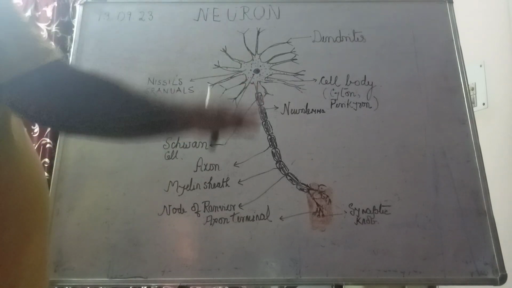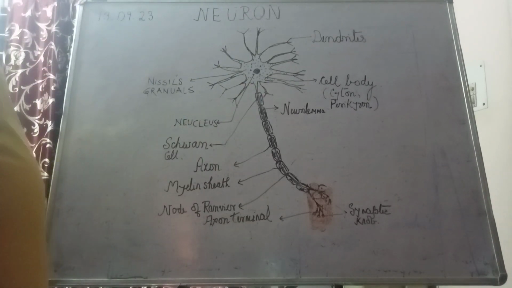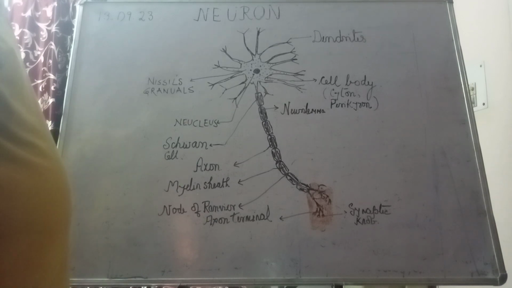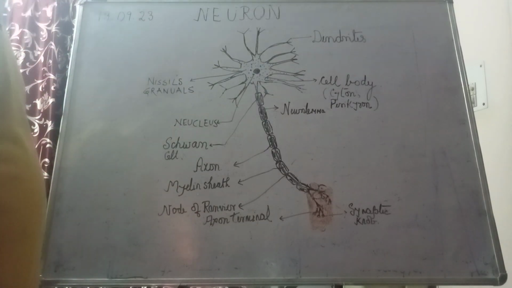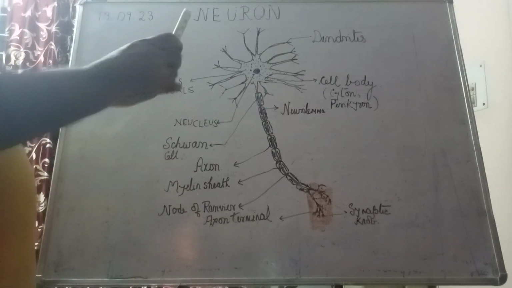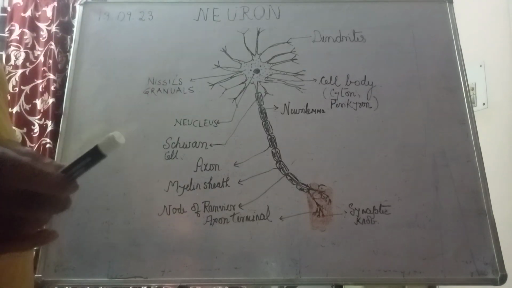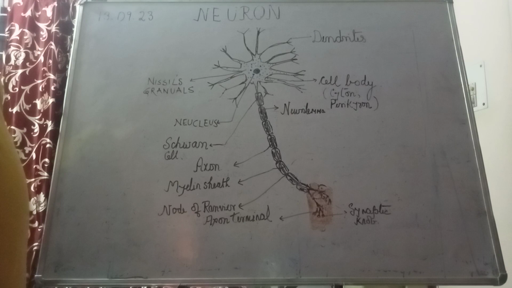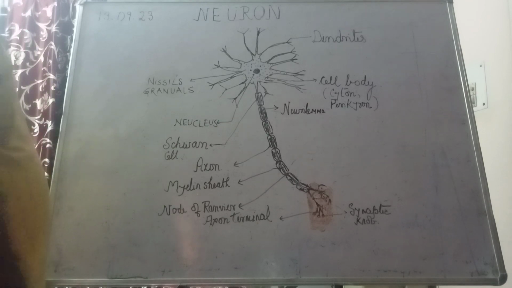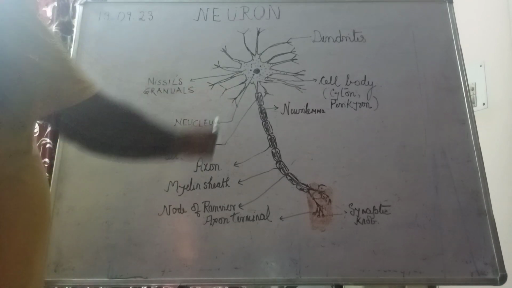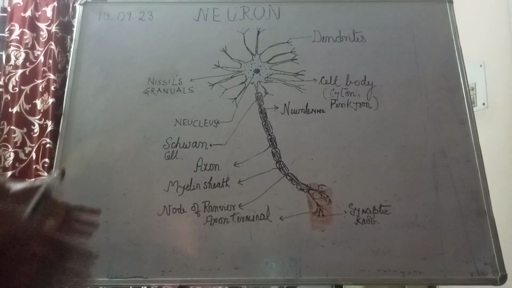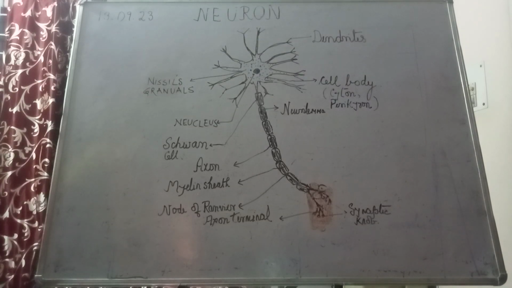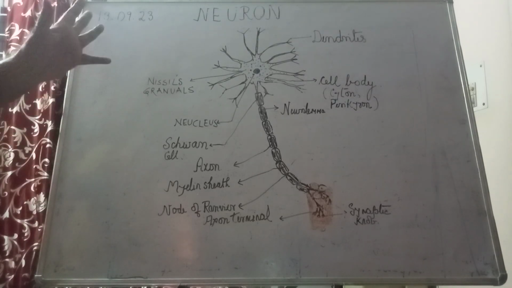So the proper functioning of these neurons in the nervous system is being supported by the glial cells, and Schwann cell is the major glial cell which is responsible for the growth, function, and maintenance of the peripheral nerves in particular. So this is the function of Schwann cell, and it is a part of the glial cell that you have to know, students. And this system is so delicate and so complicated that this has to be supported by special cells.